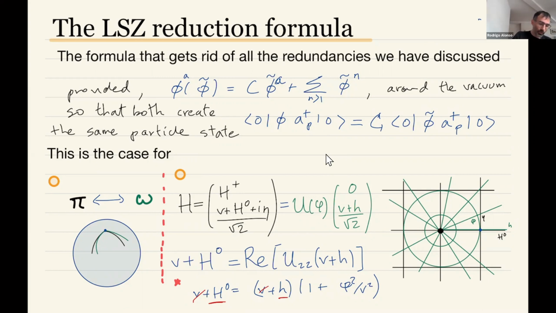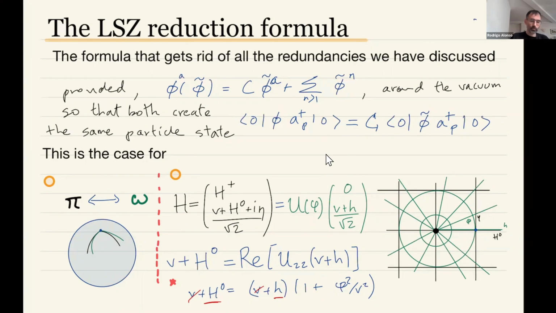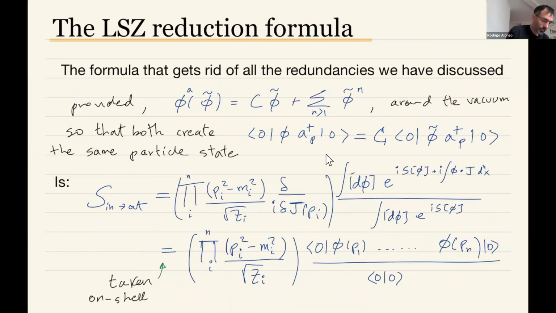But now for the actual LSZ reduction formula, provided this is the case and our field excites the same particle out of the vacuum, we can write the S matrix as the product of poles or kinematic variables for each of the particles involved in the scattering over the square root of the normalization.